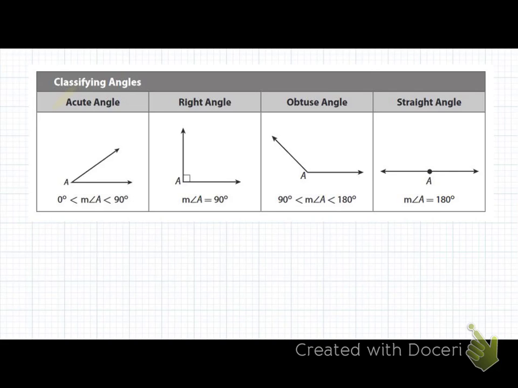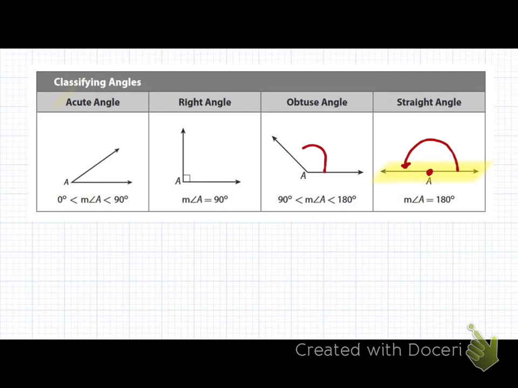Next we have the obtuse angle we've talked about before, or angles that are going to be greater than 90 but less than 180. And then of course we have a straight angle, and you're like, what? That looks like a line. Well, it does look like a line, but if we think about this angle has a vertex at A. If we measure starting from here to this way, it goes 180 degrees, right?